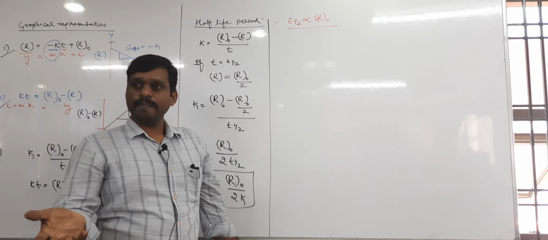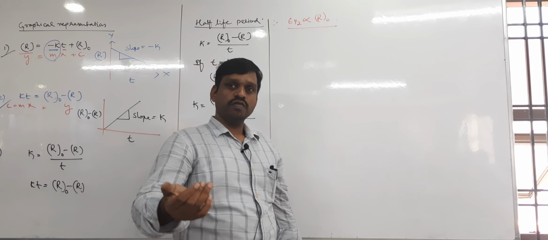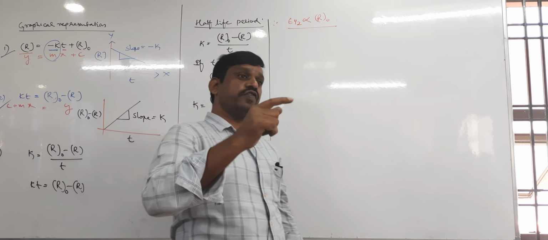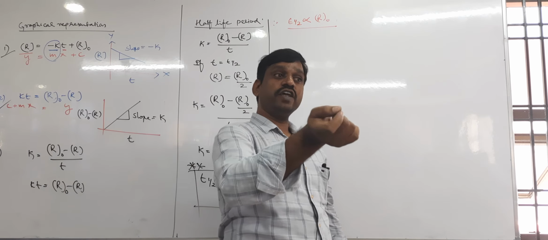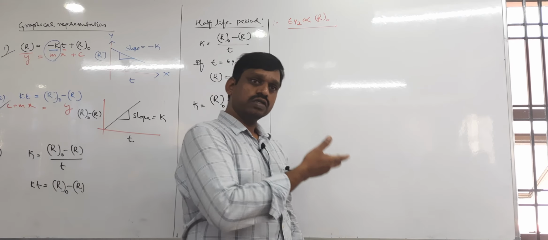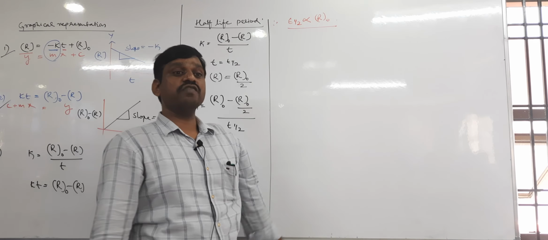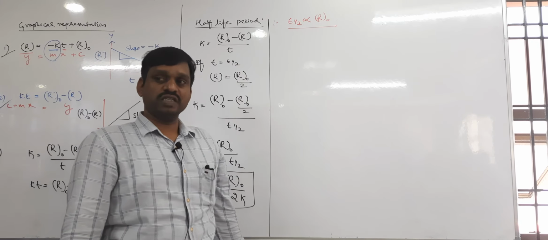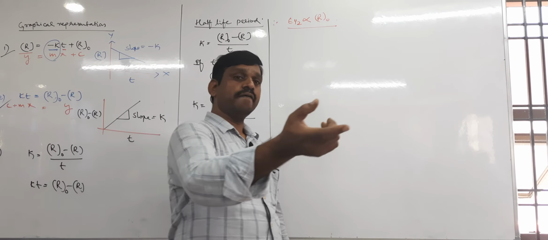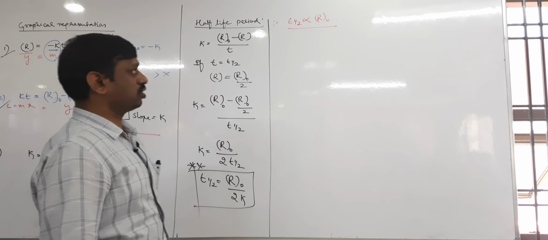Zero order. If the concentration of reactant is doubled, half-life period also doubles, so the order of reaction is 0. Because only for zero order reaction, T half is directly proportional to initial concentration. Right? Initial concentration is doubled, T half becomes doubled. That is zero order reaction. Okay.